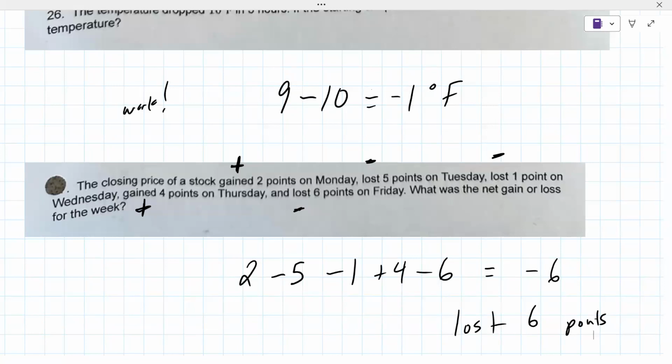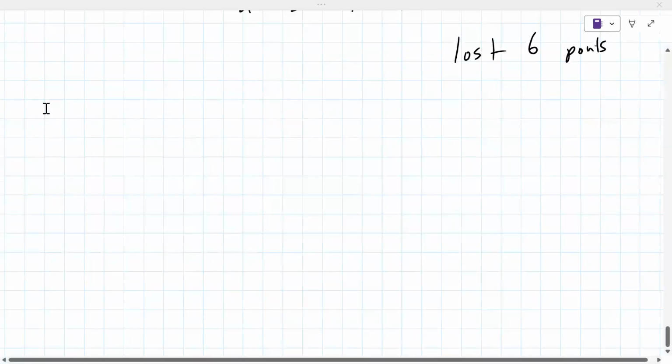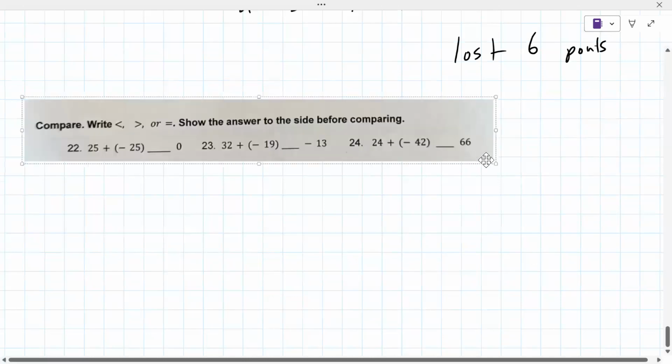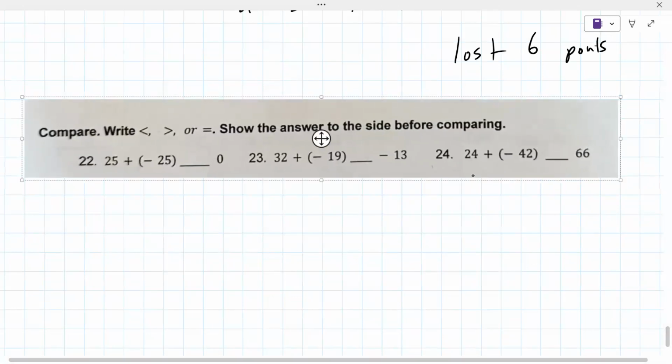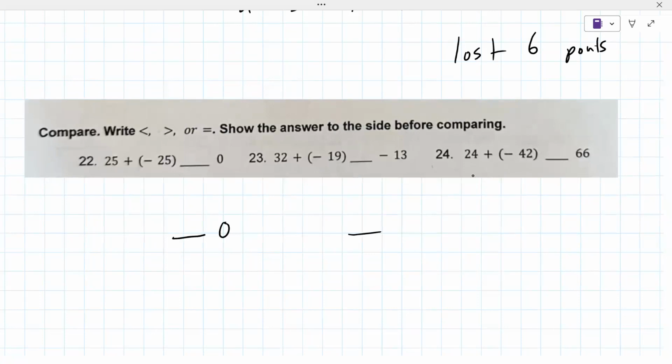All right, let's go back to 22, 23, and 24. Kind of like the mixed review on the back, you really want to simplify and then make a decision. So before 0 and 0, would this be equal? Sure, and then figure out what symbol goes there. It's equal. Okay, agreed.